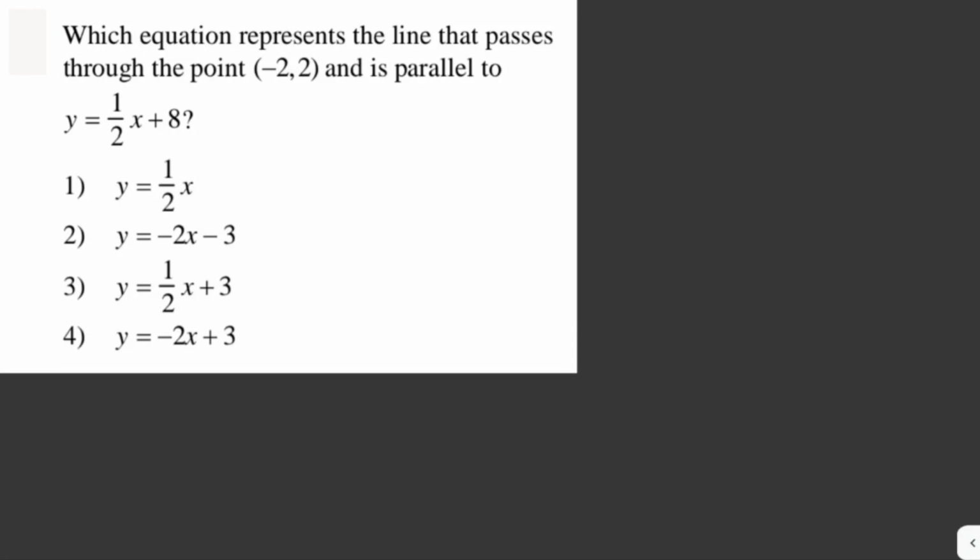Again, when two lines are parallel, then that means their slopes are equal. We're given here the equation of the first line, and the slope of this is just equal to 1/2. Therefore, the slope of the second line is also equal to 1/2.